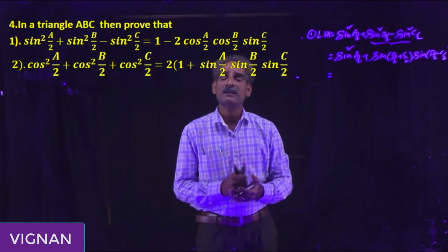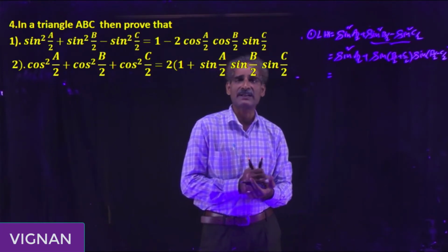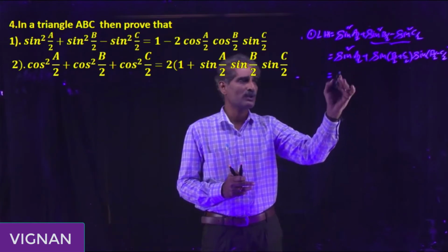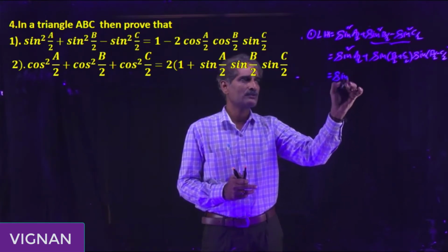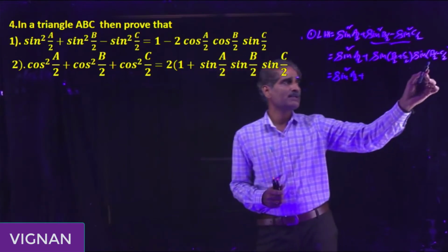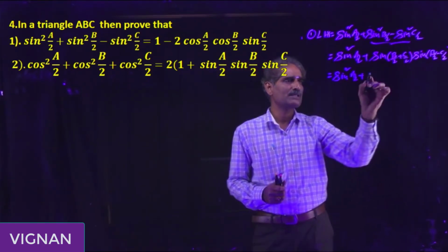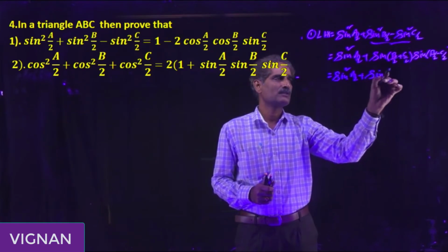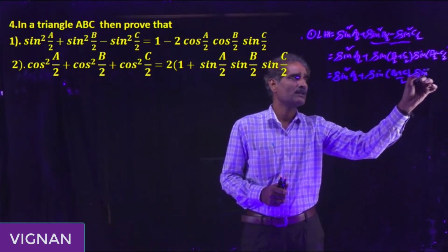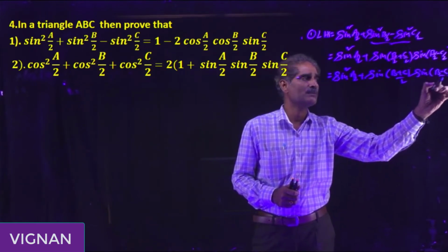Again observe the right hand side. What are the angles in the right hand side? A by 2, B by 2, C by 2. Sin square A by 2 is already in terms of A by 2, no problem with this function, so write this directly. Here sin of (B minus C) by 2 is there, and sin of (B plus C) by 2 is there.